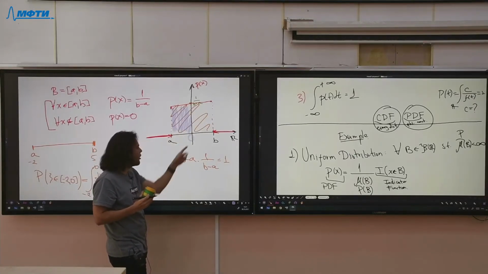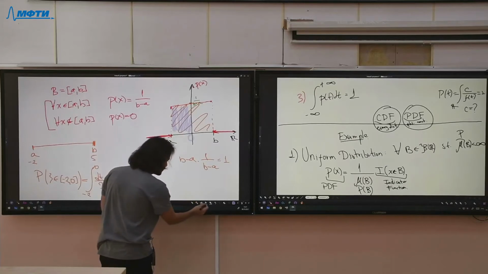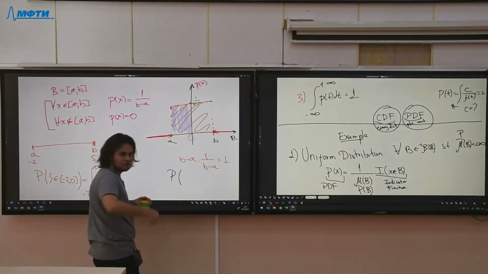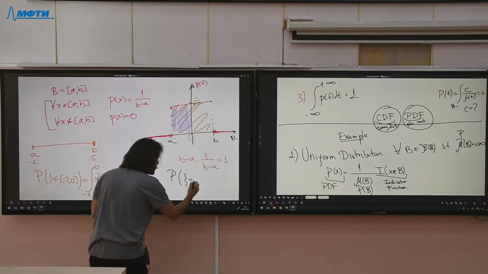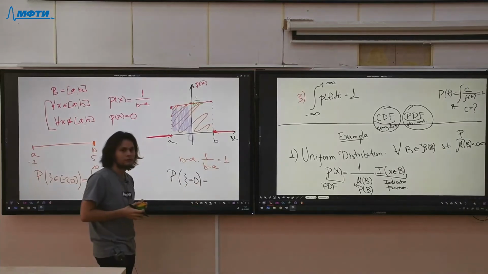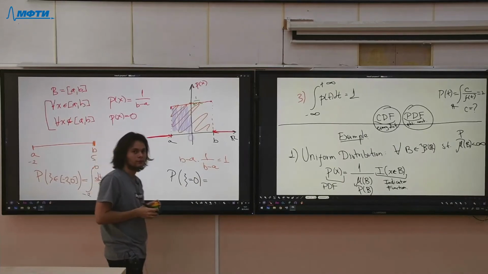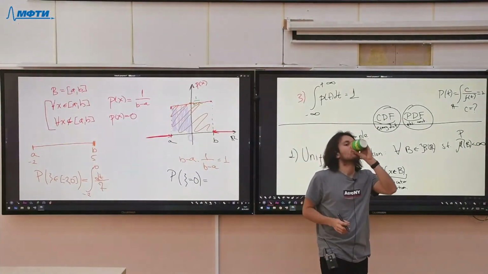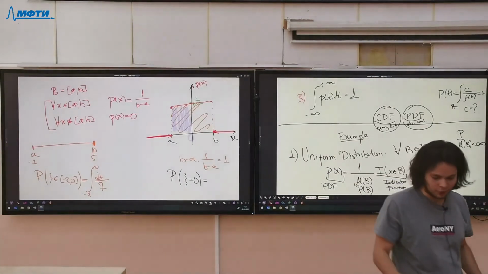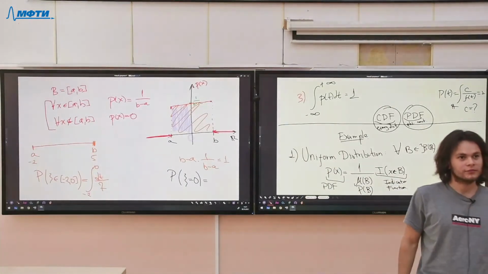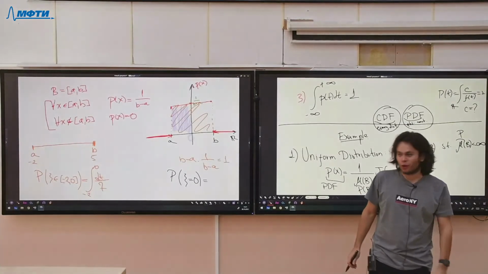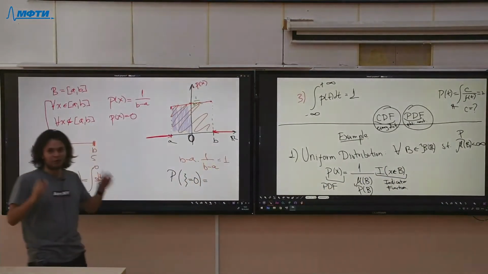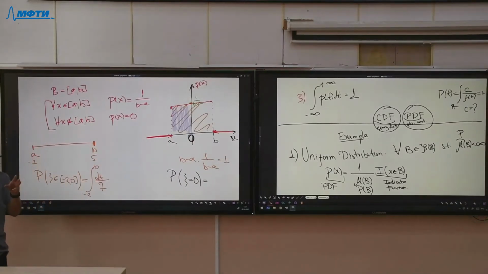Now, what is the probability that this random variable, say psi, equals 0? Let's say that it belongs. So 0 is here, right? So 0 is between a and b, right?